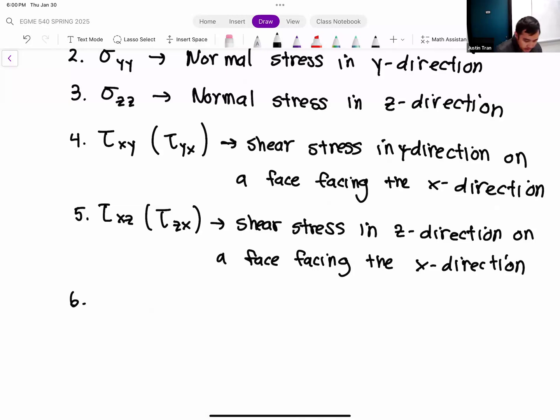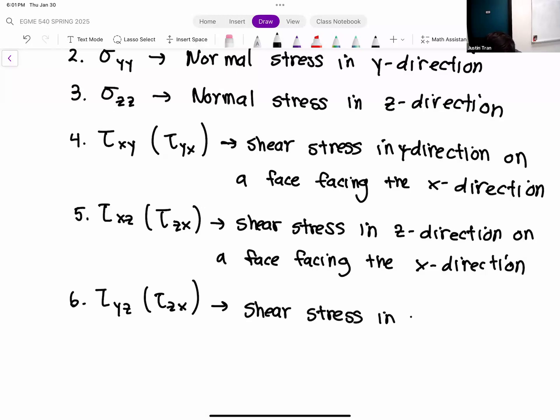And then the final component of stress is tau yz, which its symmetric component is tau zy. And so this right here is a shear stress in the z direction, and this is on a face that faces the y direction.